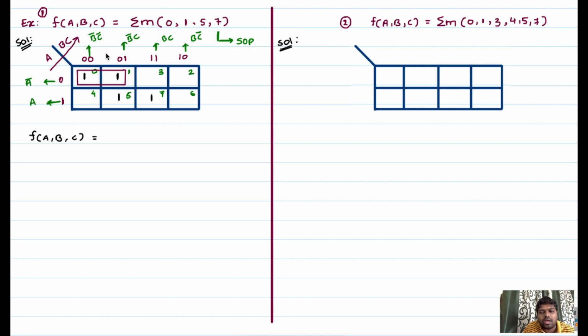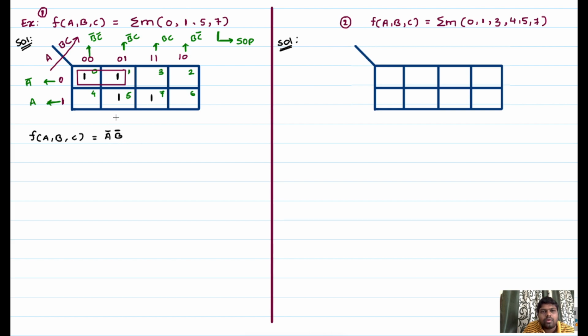Whatever the common elements are, those can be considered in your Boolean expression. So the resultant expression is A bar B bar.